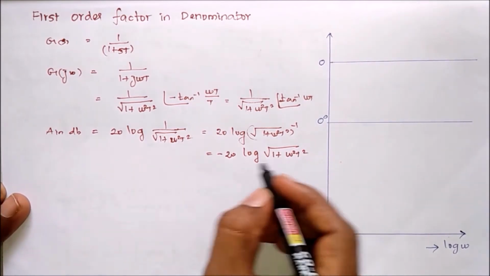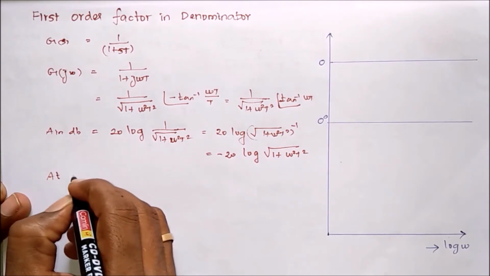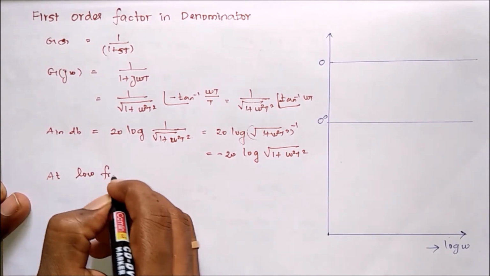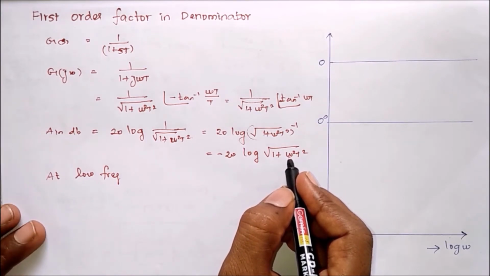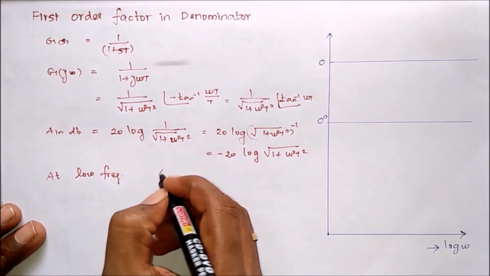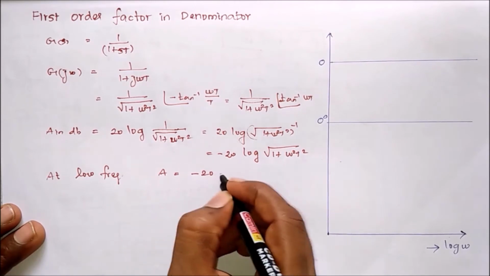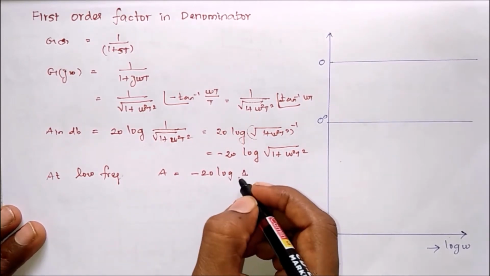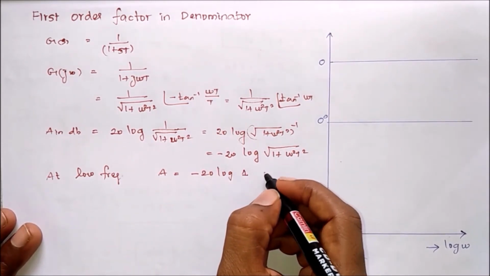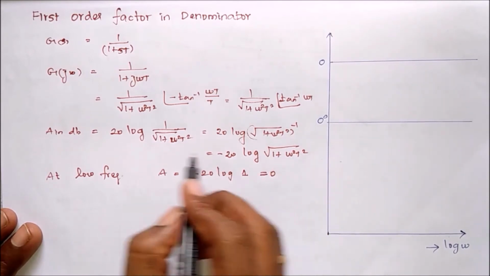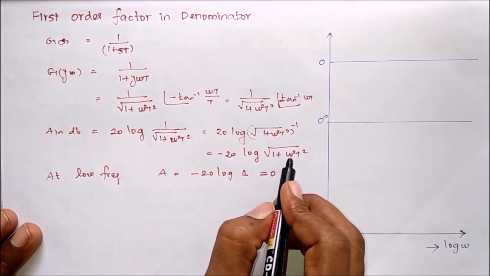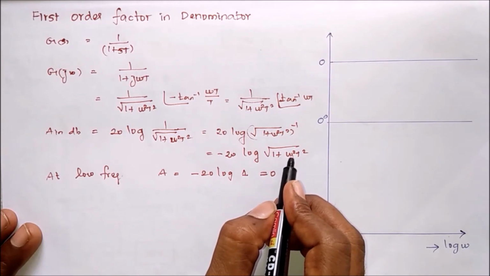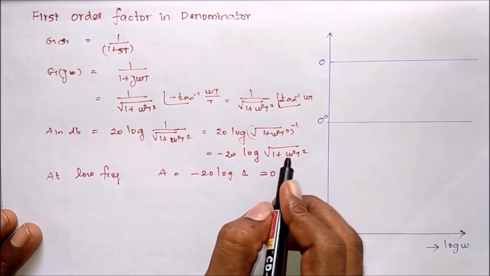Now we can consider the low frequency. Low frequency means the omega value will be very small. At that time A equals minus 20 log 1, therefore its value is 0. When the frequency is low, its square will also be very low.